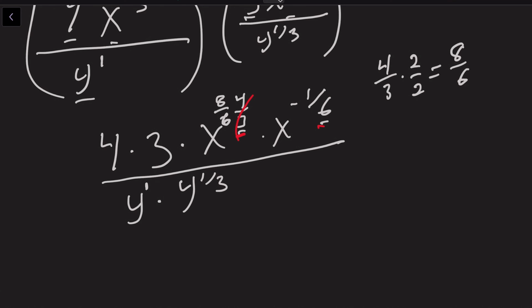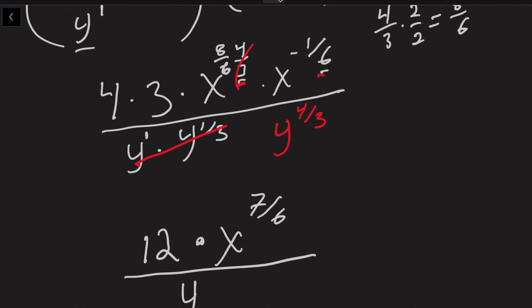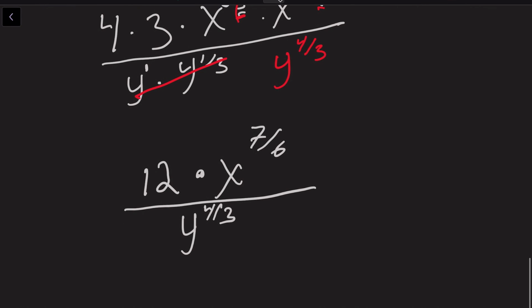So I'm going to rewrite this as y to the 4/3. 4 times 3 gives me 12, multiplied by x to the 8/6 times x to the negative 1/6. We just added the exponents together. 8/6 plus negative 1/6 is 7/6. We already did the y's: y to the 4/3. And this becomes our final answer.